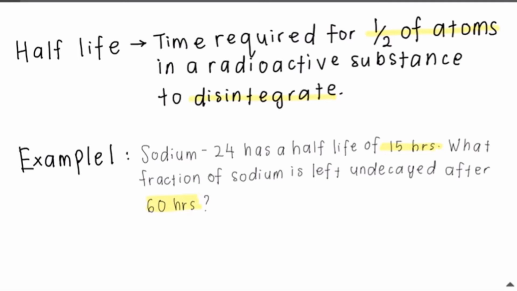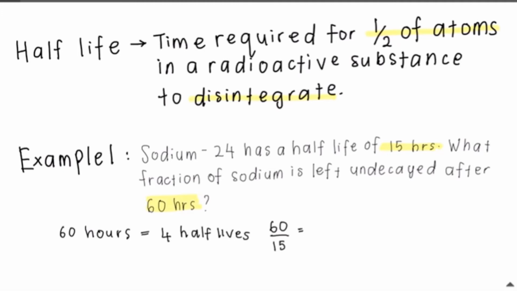Simple. First, you find the equivalent of 60 hours. 60 hours is equivalent to 4 half-lives. How do we get this? Just 60 divided by the half-life of sodium-24, which is 15 hours.